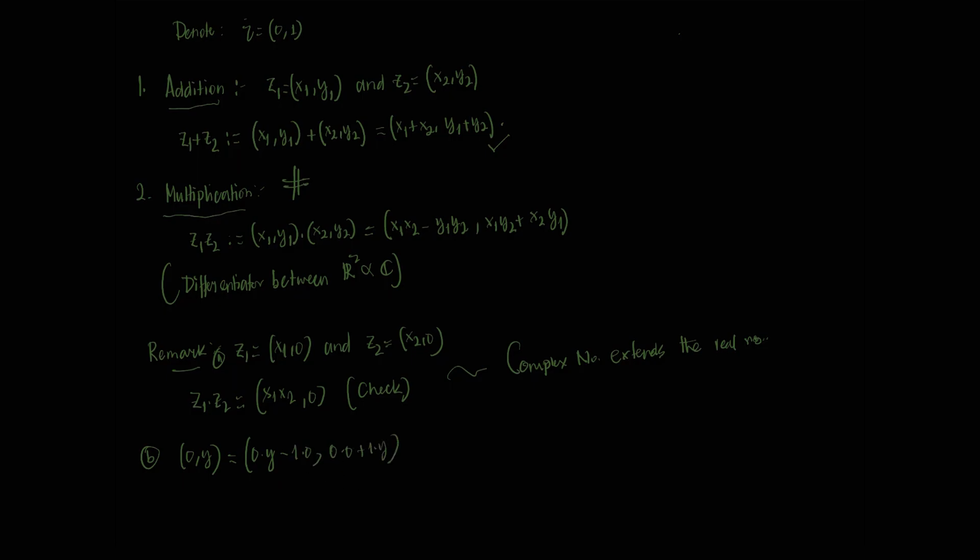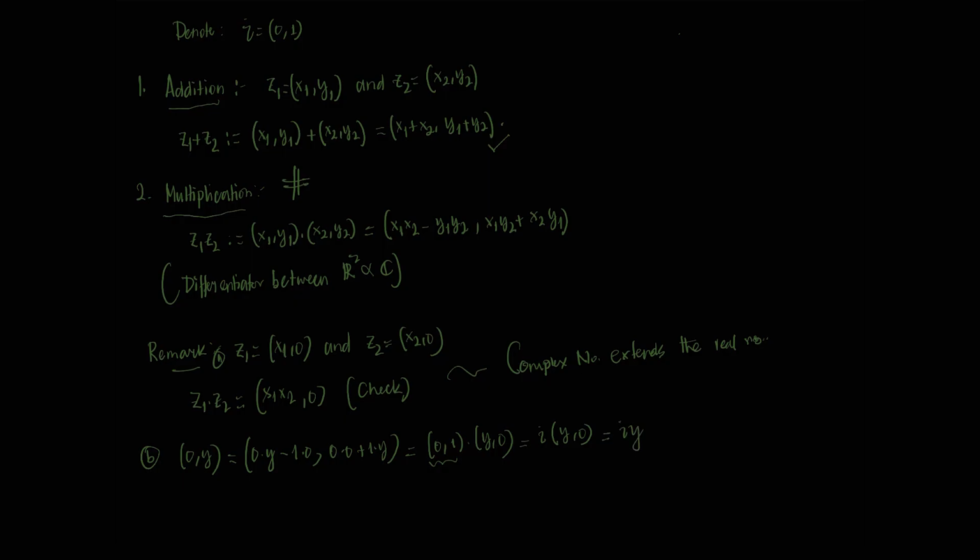This is just a funny way of writing it, but essentially this becomes (0, 1) times (y, 0). Clear? As I already told you, (0, 1) is our imaginary unit, a very important part, and we define it as i. So this is nothing but i times (y, 0), and so we write it as i times y.